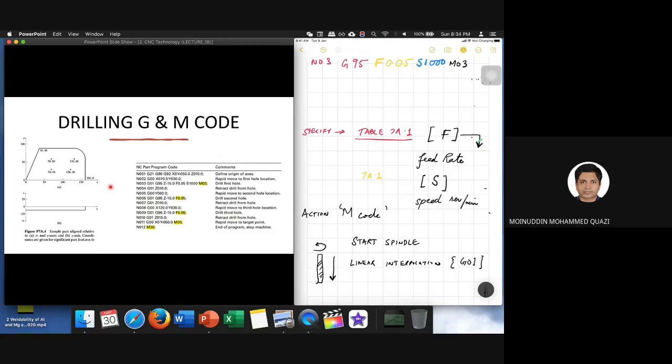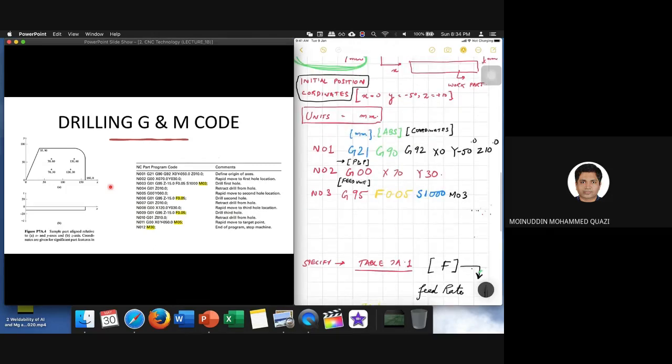So I will go back to my program and now I will specify G01. I will tell the machine to move. Where to move? It has to move downwards. How much does it have to move downwards? That's the question. How much should be the depth of my hole?